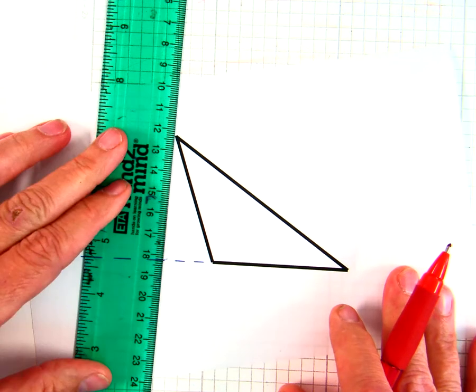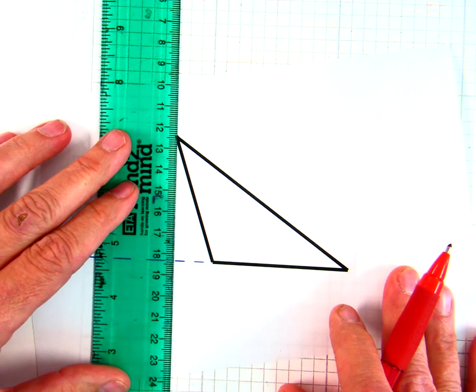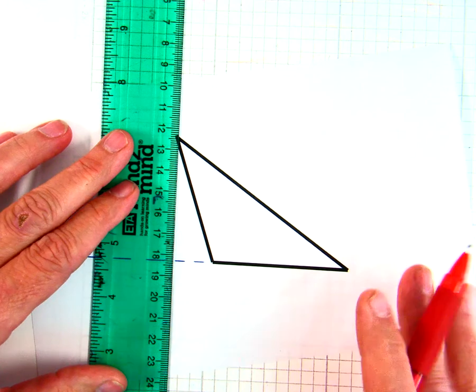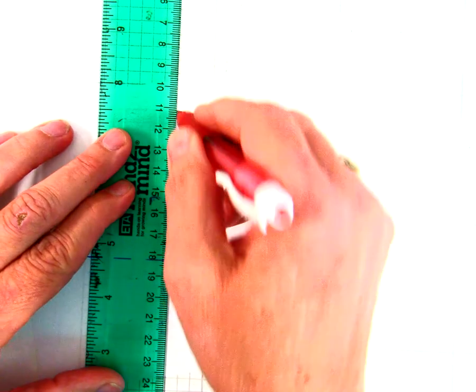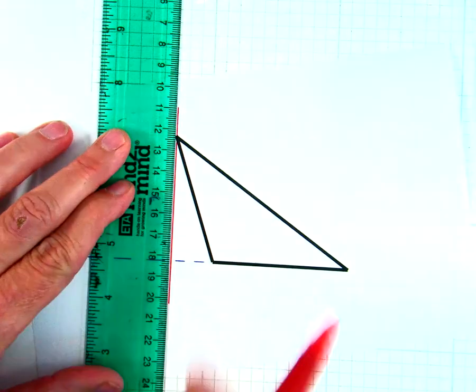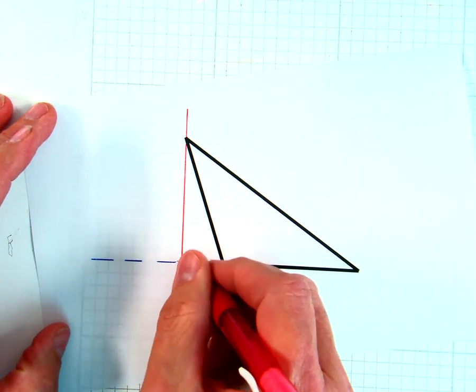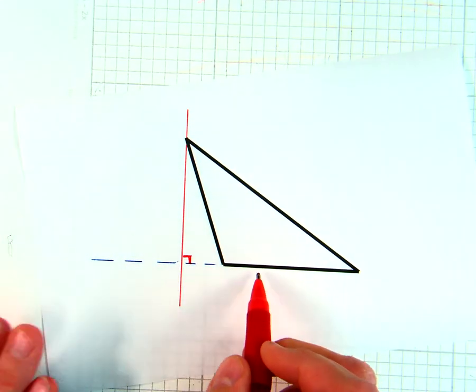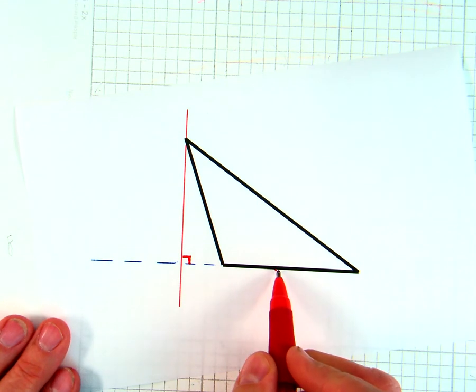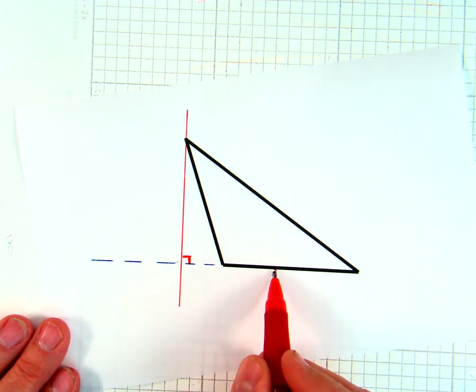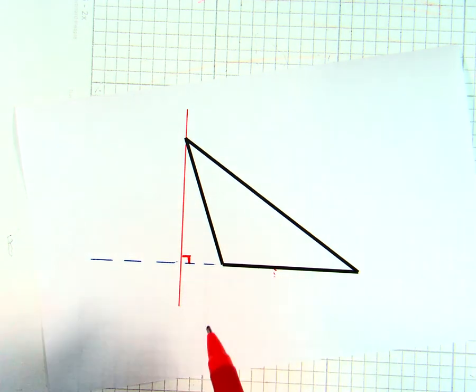So what we have here is that the altitude goes through the vertex and is perpendicular to the opposite side of the triangle, but it doesn't actually touch the opposite side of the triangle. So go ahead and do this for all three of the angles of your obtuse triangle.